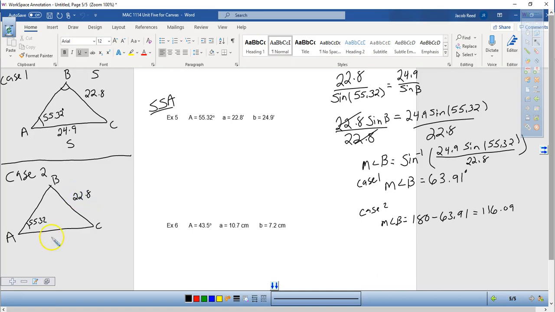Now, none of the given information changes in these cases. The only thing that's going to change now is that angle B for case 1 is going to be 63.91. And in case 2, it's going to be 116.09.